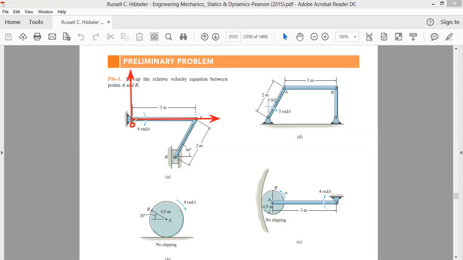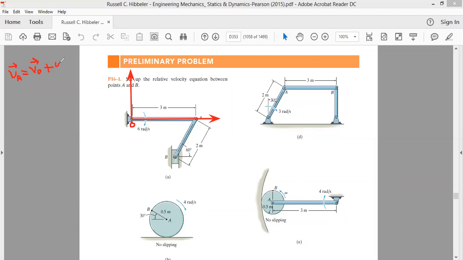The point O does not move forward, nor does it go up or down. So first of all, we will write the velocity of point A in terms of the velocity of point O. That is, velocity of A is equal to velocity of O plus angular velocity of OA.